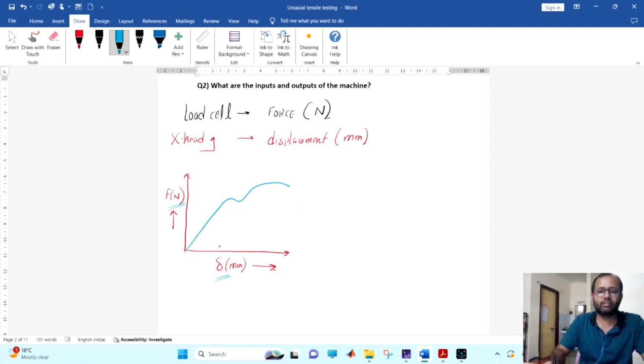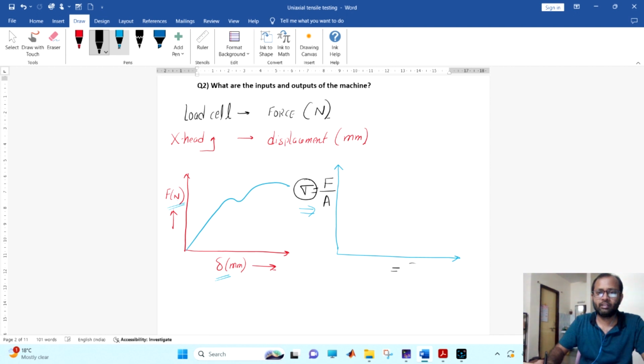So I am not interested in force versus displacement. I am interested in stress versus strain. Why? We are converting these terms into terms which are more useful. Force divided by cross-sectional area gives the stress.